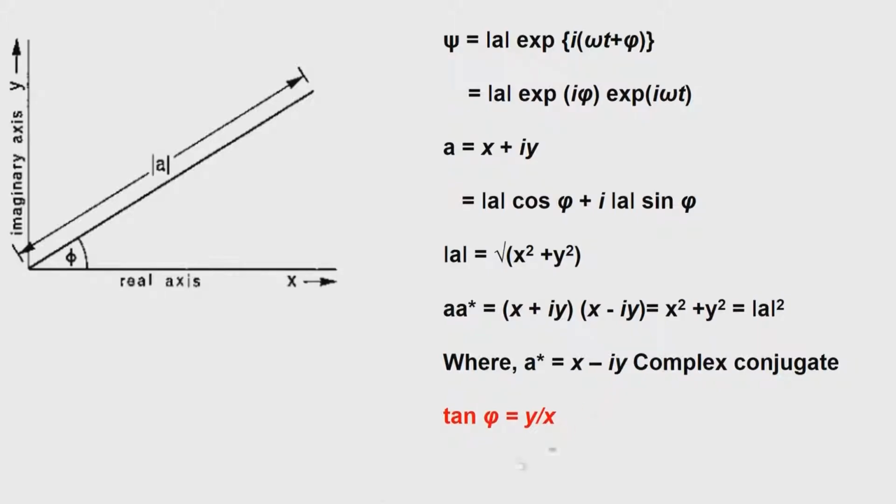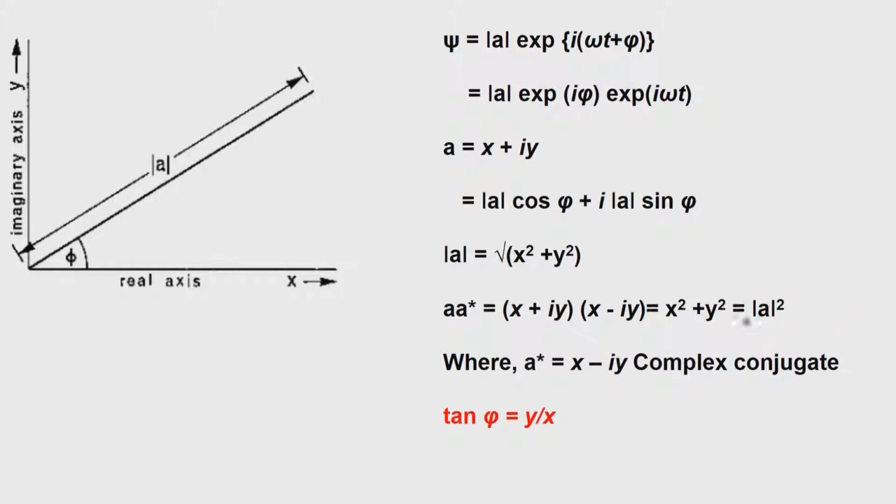So, what we have tried to show here is a simple mathematical way in which we understand waves and analyze them in the Argand diagram, and see whether we can express the amplitudes with the x component, which is the real component, and the y component, which is the imaginary component, and then get to the final value describing the intensity.